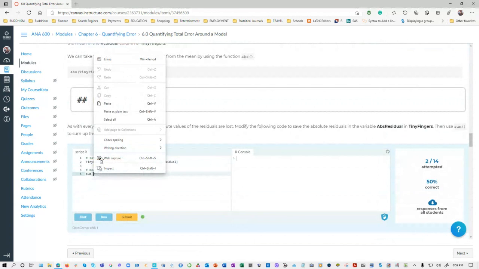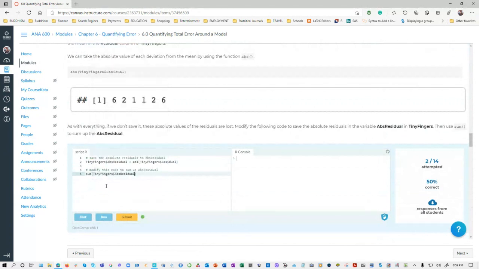Yeah. See? You go to the residual, and then if you run the tiny fingers, I'm going to put the residual and now you have this column.